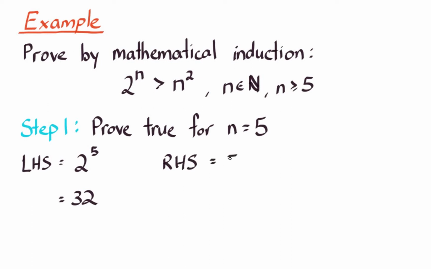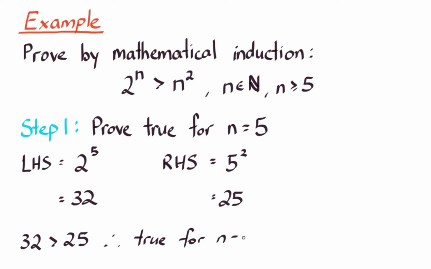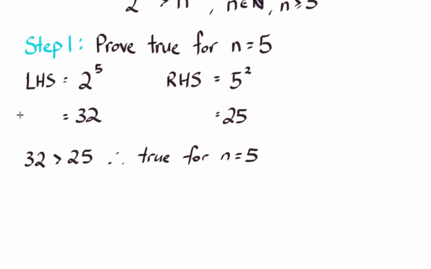We're making n 5. 5 squared is 25. So we can see that 32 is greater than 25. Therefore, it is true for n equals 5. Alright, let's go on to step 2.